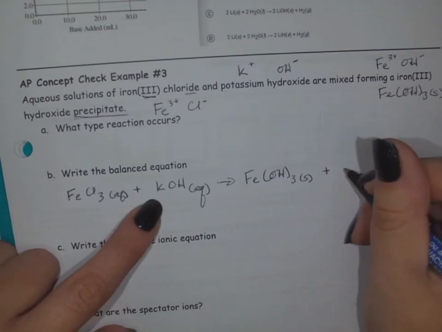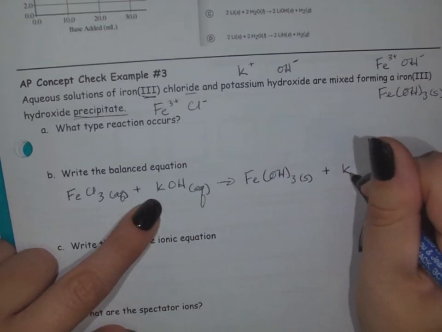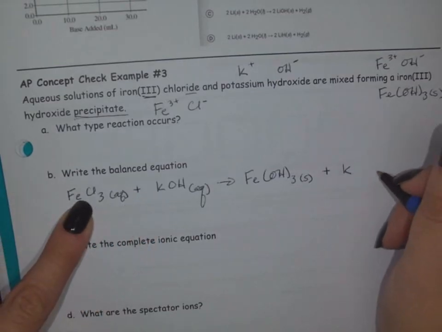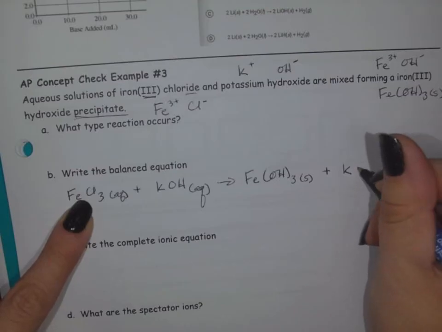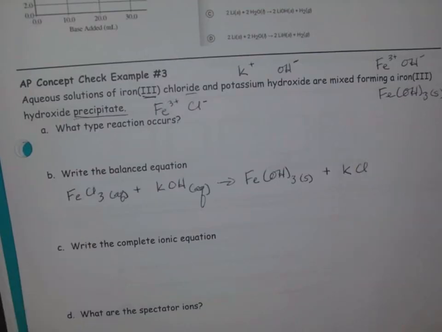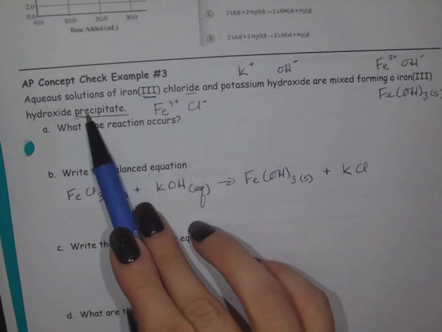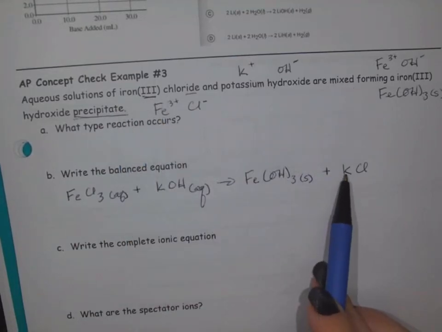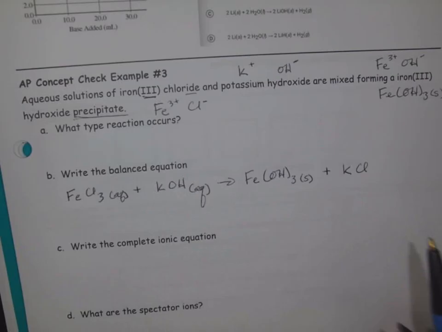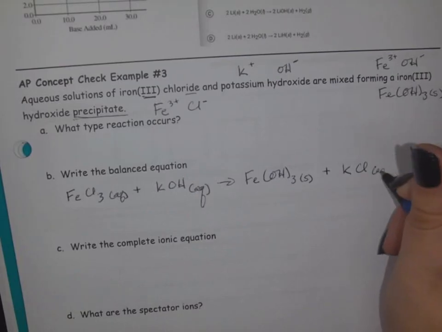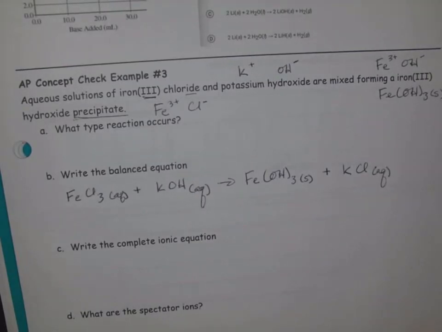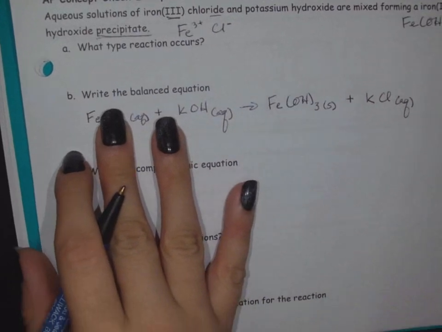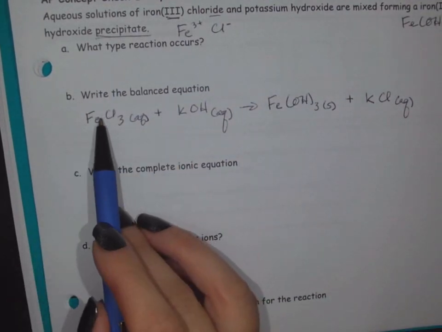If we take potassium, which is a +1, and combine it with chlorine, which is a -1, we get potassium chloride. Because it didn't say directly in here, we can assume these are dissolved in the water that we poured together. So that's going to be aqueous.